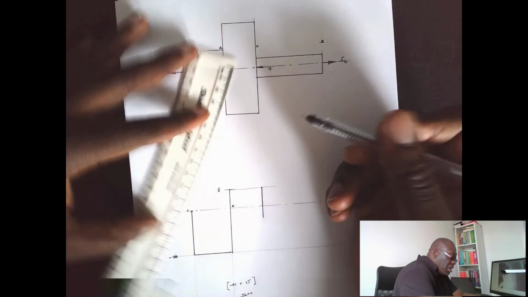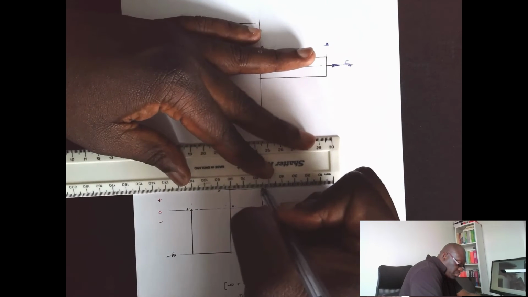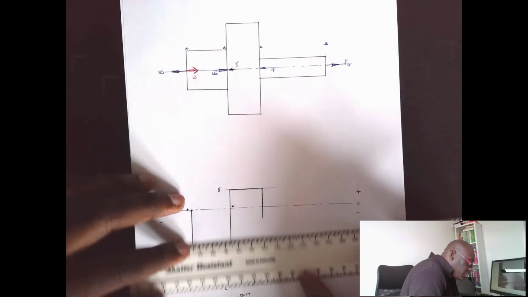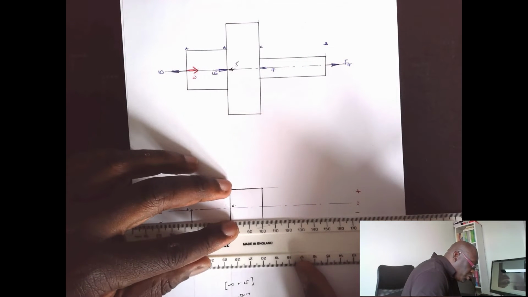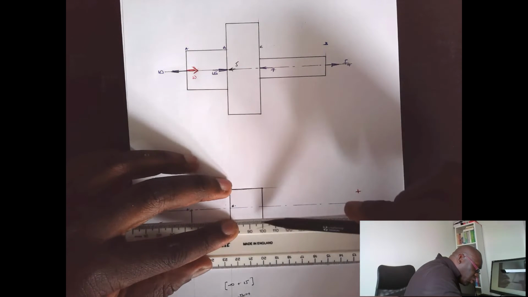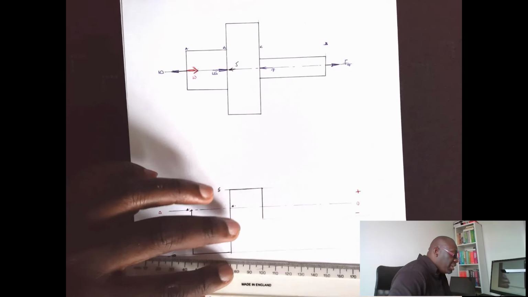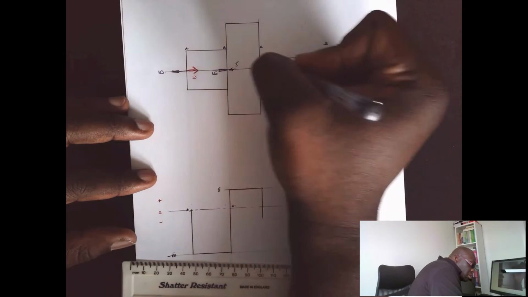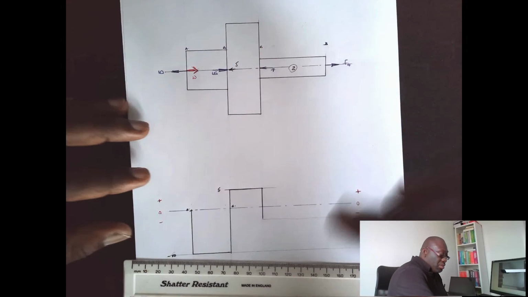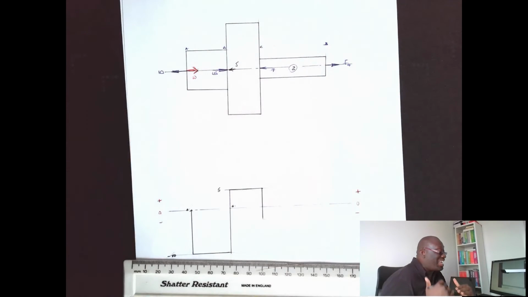As I stated, it might be worth doing this to scale, so use a reasonable scale to plot this graph. So as usual, since there are no forces countering the minus 2 force in here, to balance this out to 0, there has to be a counter force of 2.